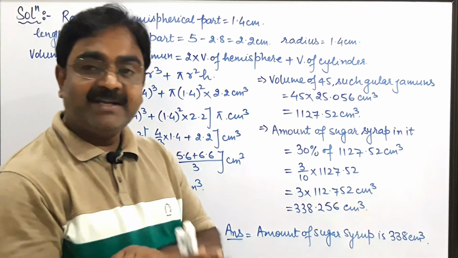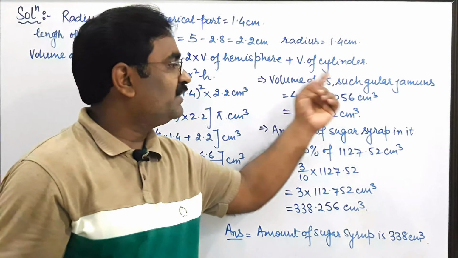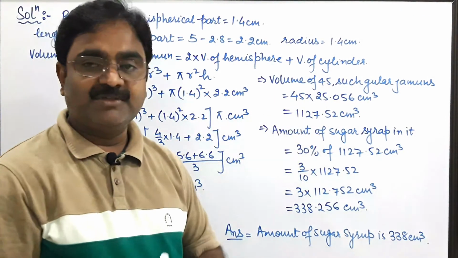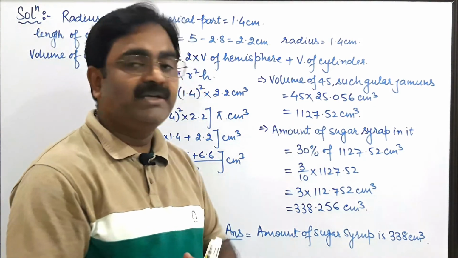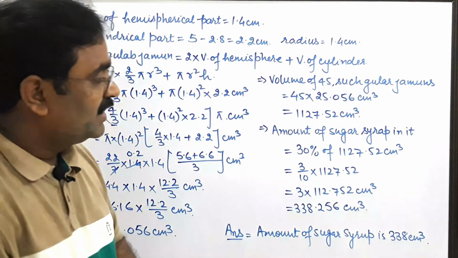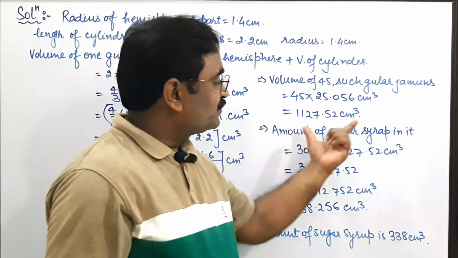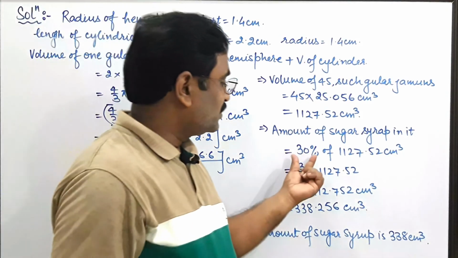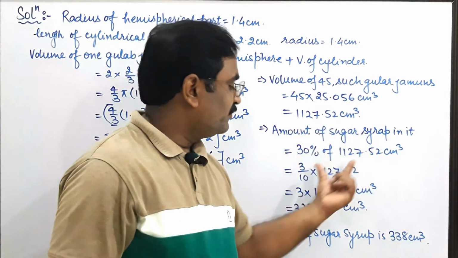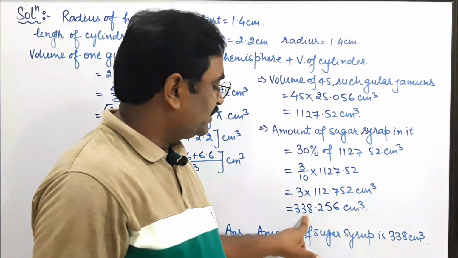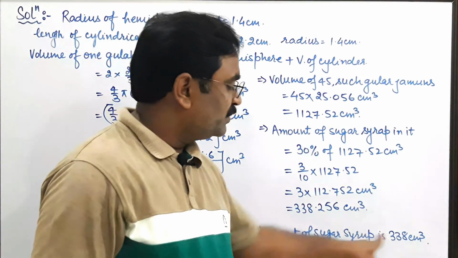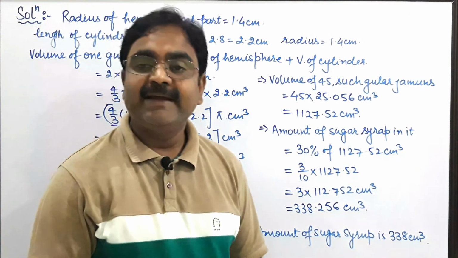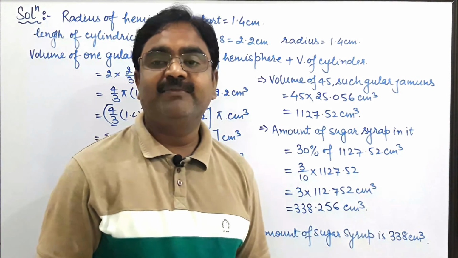As there were 45 such gulab jamuns in the container, we found the volume of 45 gulab jamuns, which is 1127.52 cubic centimeter. After getting it, the amount of sugar syrup in it, as given in the question, is the 30% part of this. So 30% of this volume is approximately 338 cubic centimeter, the amount of sugar syrup in the total 45 gulab jamuns.